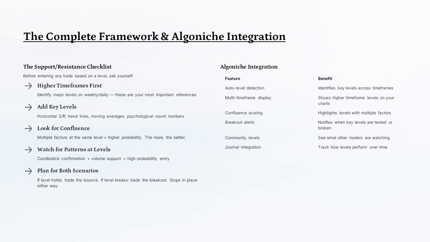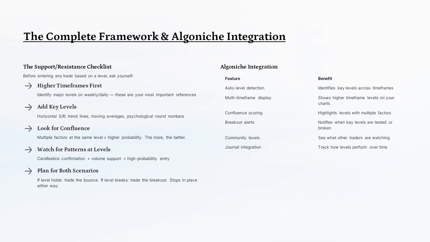Putting it all together. Here's your workflow. First, open your Algonic tool on your trading platform and let the auto-level detection identify key levels on the daily and 4-hour charts. Second, review the confluence scoring. Focus on levels with multiple factors. Third, drop down to your trading time frame, maybe 1 hour or 15-minute.